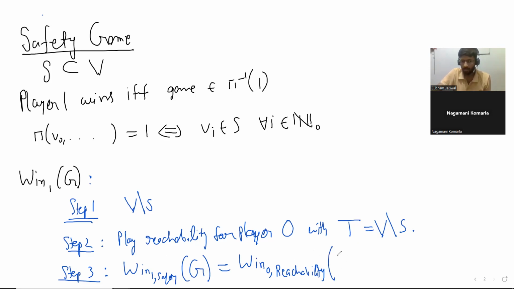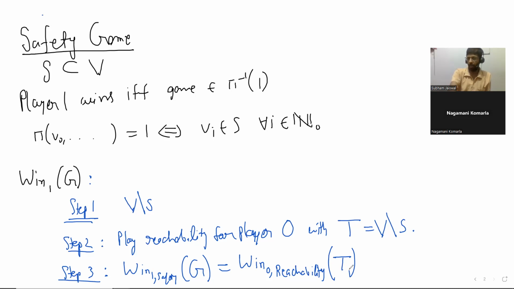Let's first write this with this V minus S with this T. So we're starting with T. You find out all the vertices from which player 0 can always reach T.